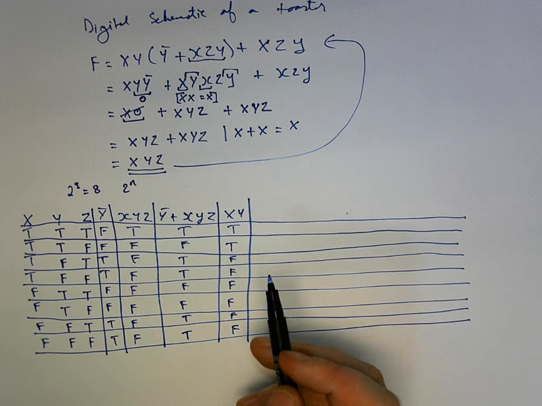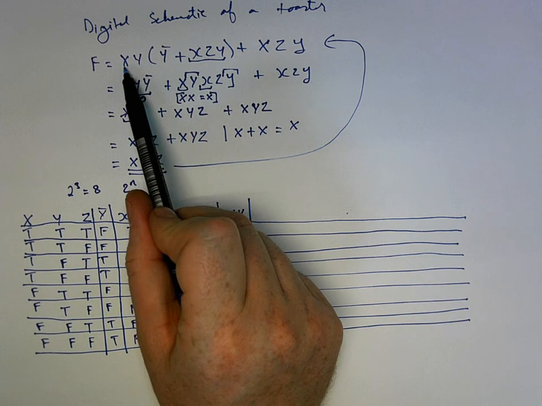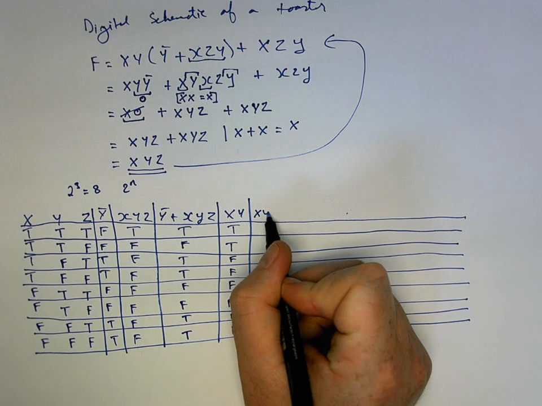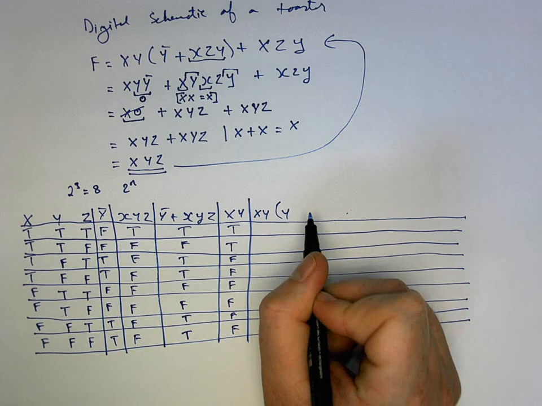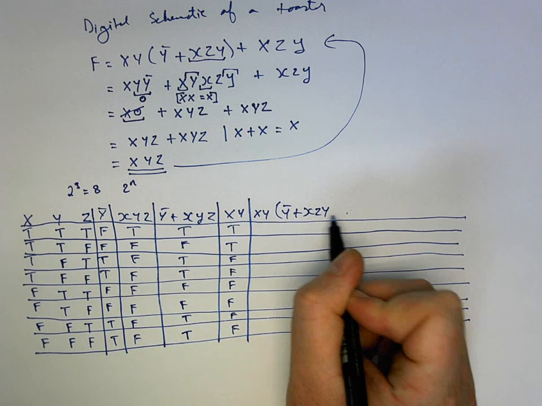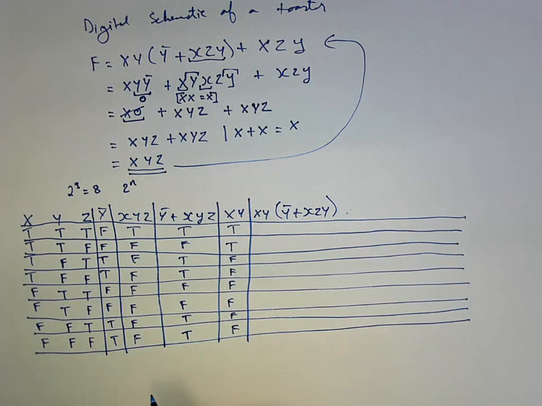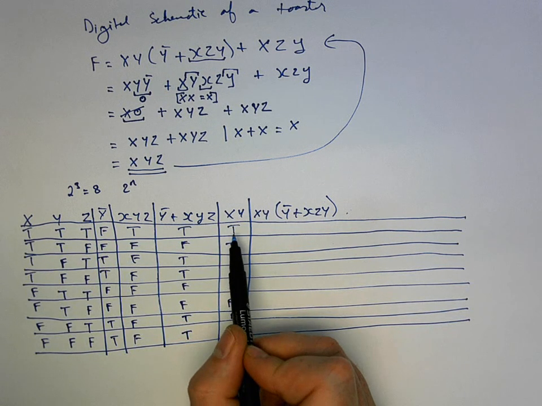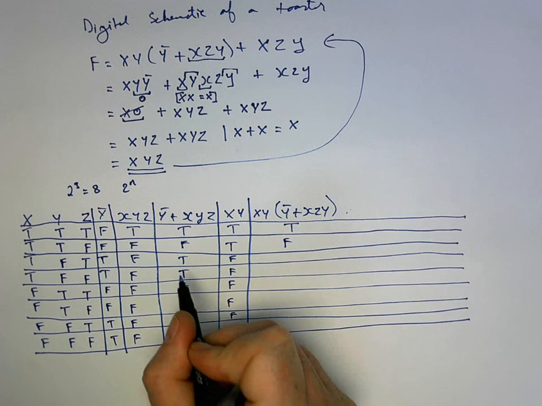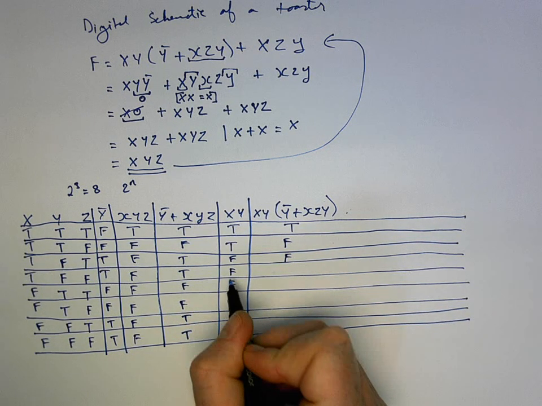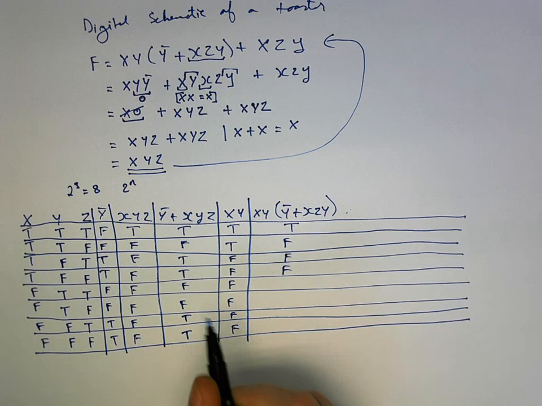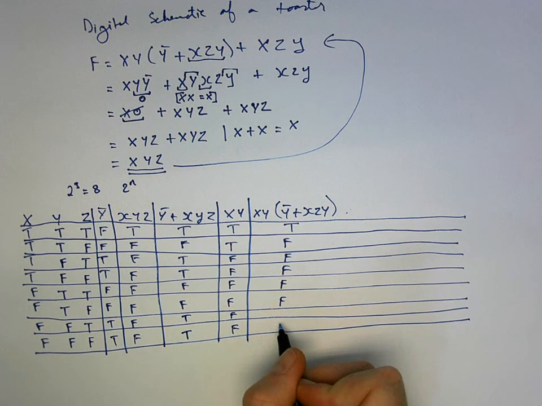So now we've got xy and we've got this component, so let's build the full thing: xy ANDed with not y or x, z, y. True and true is true, false and true is false, true and false is false, true and false is false, and then we've got 4 falses, because anything ANDed with false gives us 4 falses.